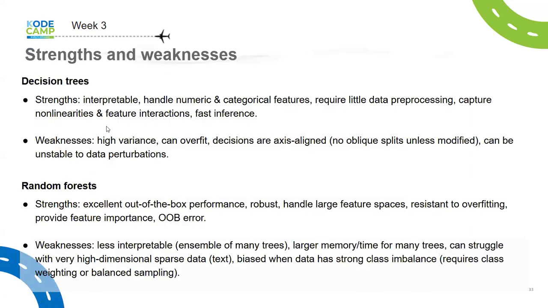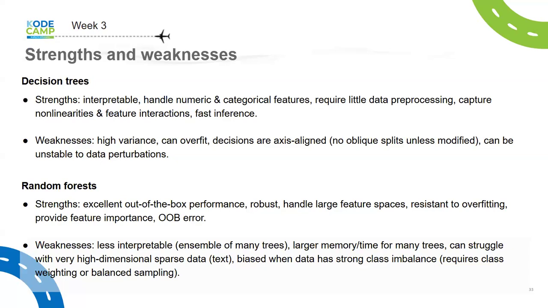Now, if you look at it, you have strengths and weaknesses of decision trees. The main strength of decision trees is that they are interpretable. You can actually look at the tree, how it's created, and understand how the model arrived at a particular answer. It's very good at handling numeric and categorical features. It requires very little data pre-processing.